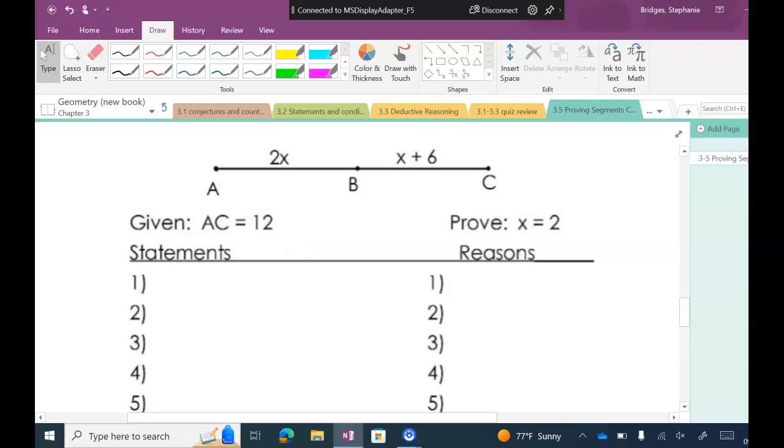All right, let's look at our picture up there. I have a segment, don't I? What's the segment called, the big one? AC. All right. And then what did we say the very first step in our proofs was always going to be? The given. What is given to me? All right, so guess what we're going to write for the first statement?